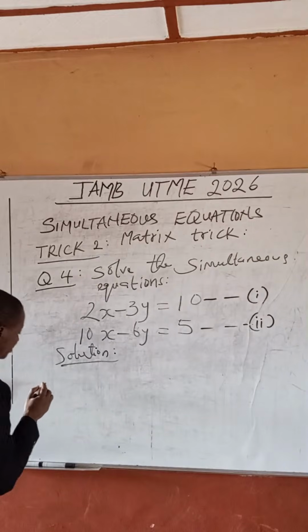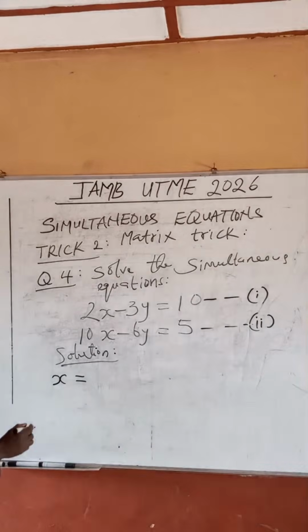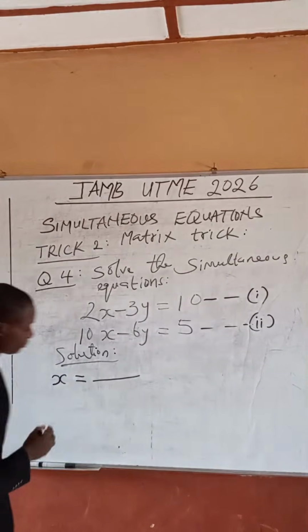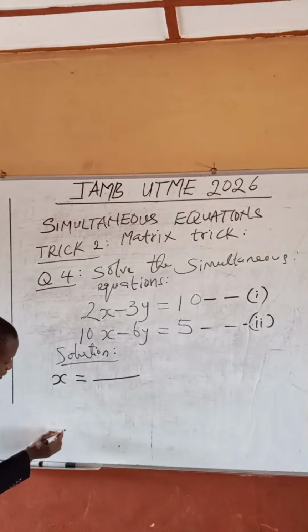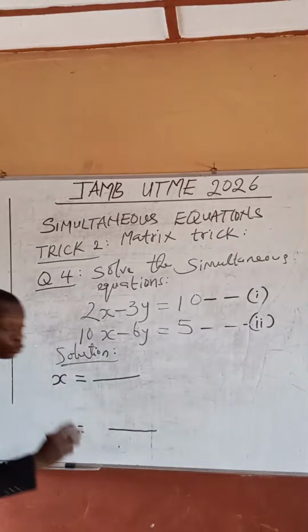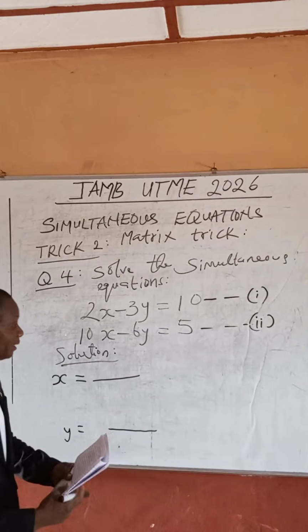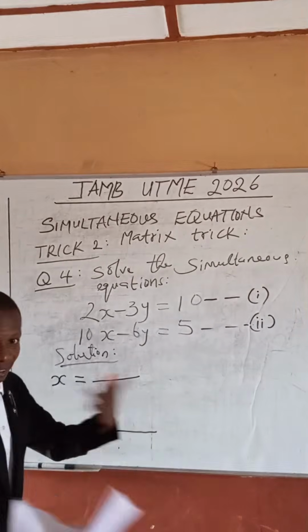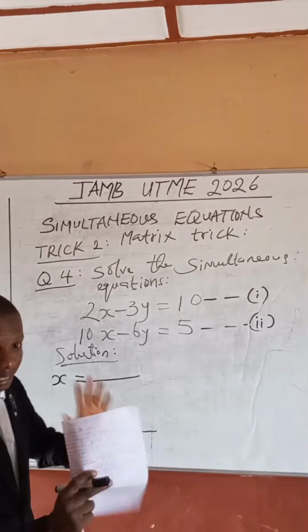Write x here and write equals, and write a division line here. Do the same for y and write a division line here. Just follow me carefully. When you learn it, you can do it speedily so that you can save your time in JAMB. But because we are learning, I'm following it gradually.